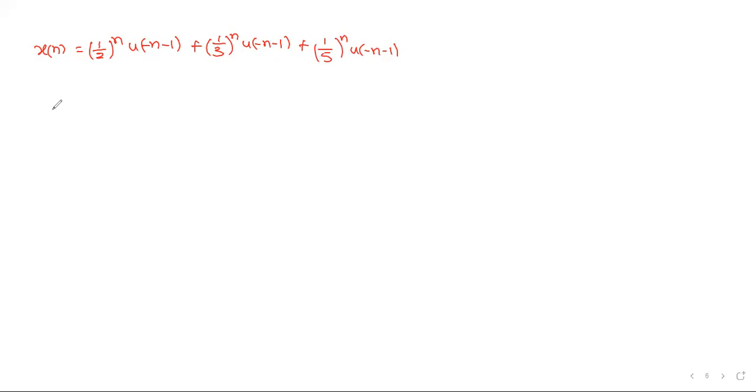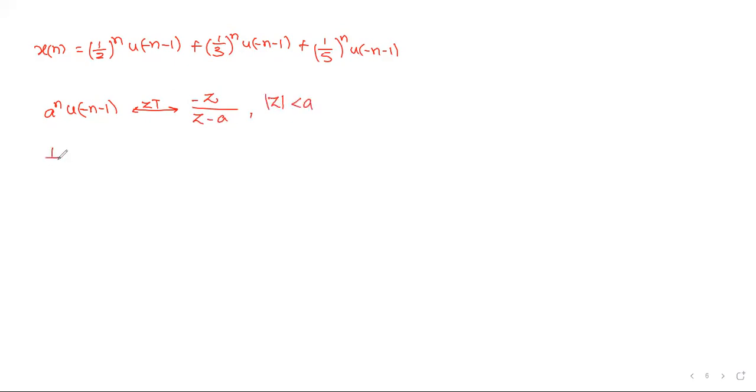Now we will find the Z transform for this: a^n u[-n-1]. The Z transform will become -z/(z - a), mod z is less than a.